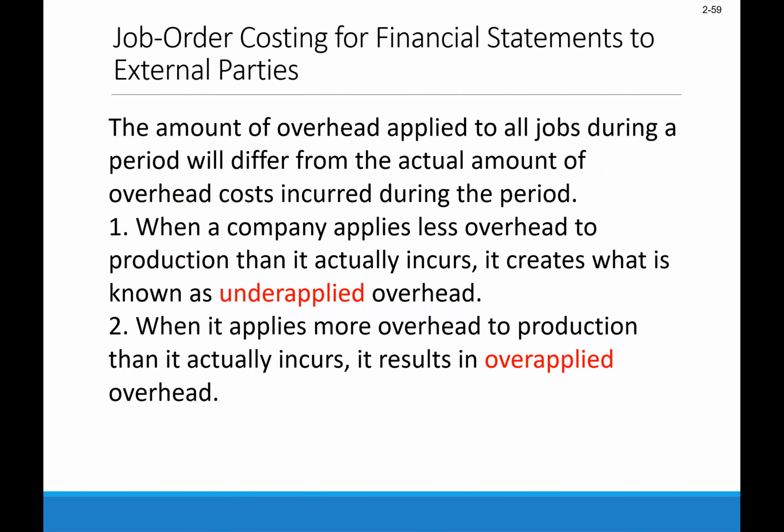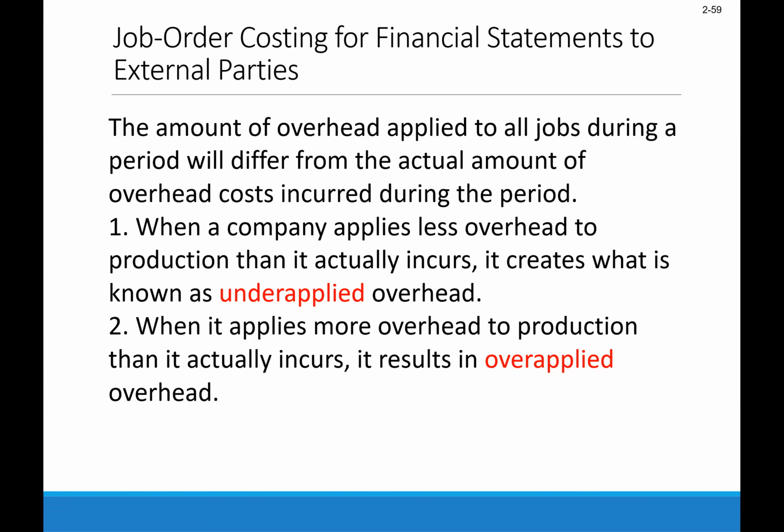So when it relates to financial statements, the amount of overhead applied to all jobs during a period will differ from the actual amount of overhead cost incurred during the period. So when a company applies less overhead to production than it really incurs, we've got underapplied overhead.